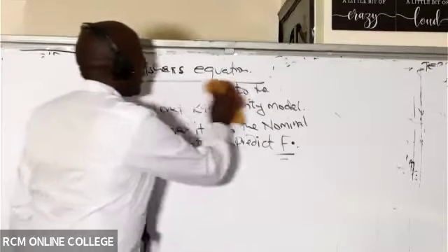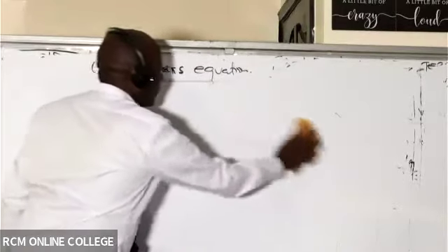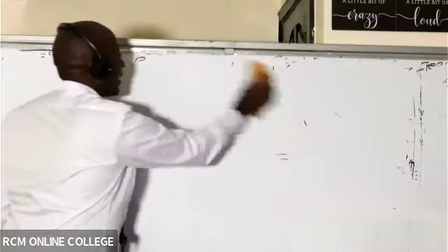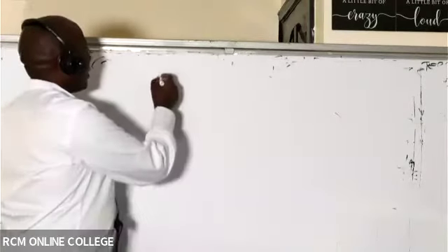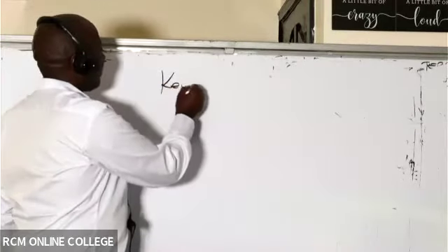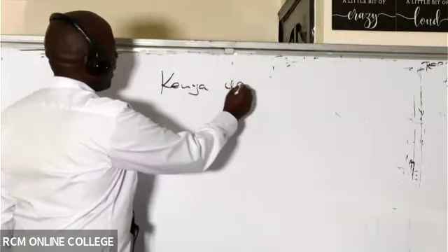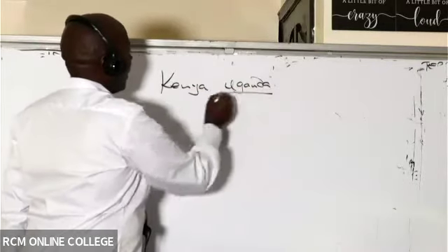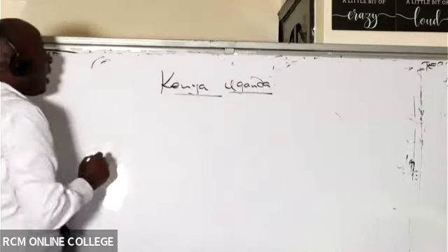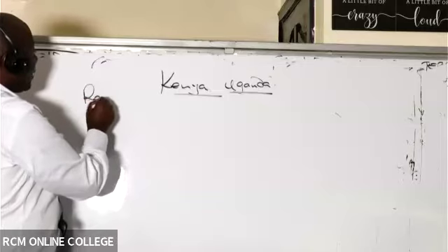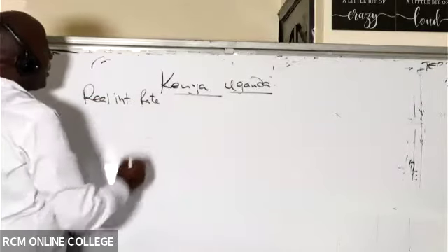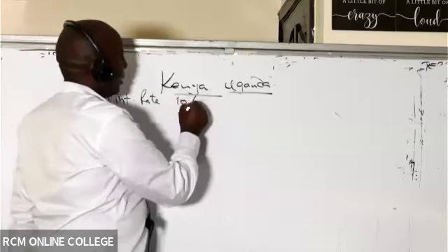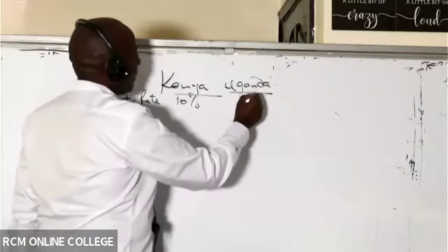Okay. Sasa turudi hapa. Sasa tuangalie hapa Kenya, Uganda. Kenya and Uganda. So we have real interest rate, 10%, 12%.